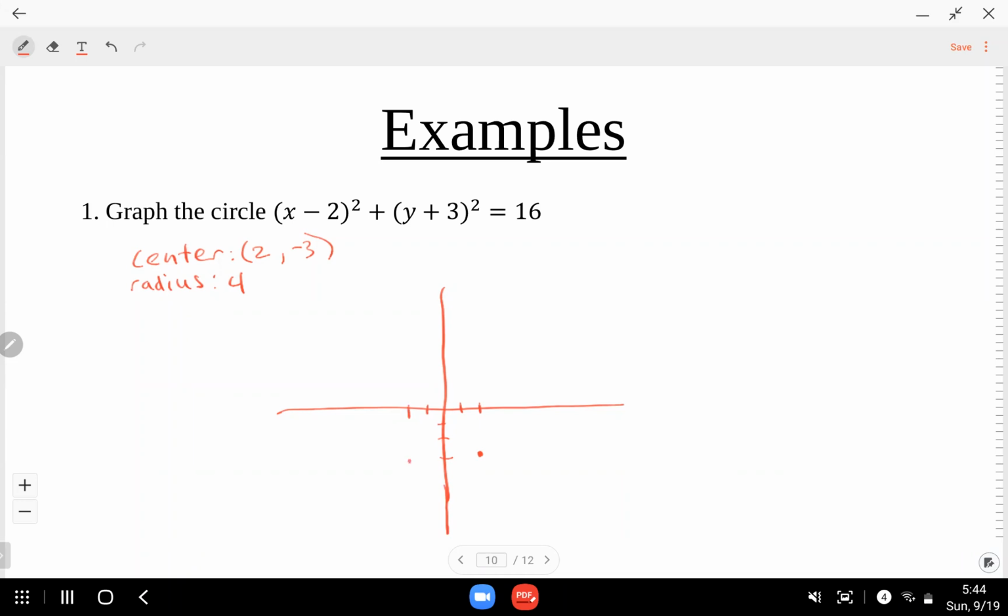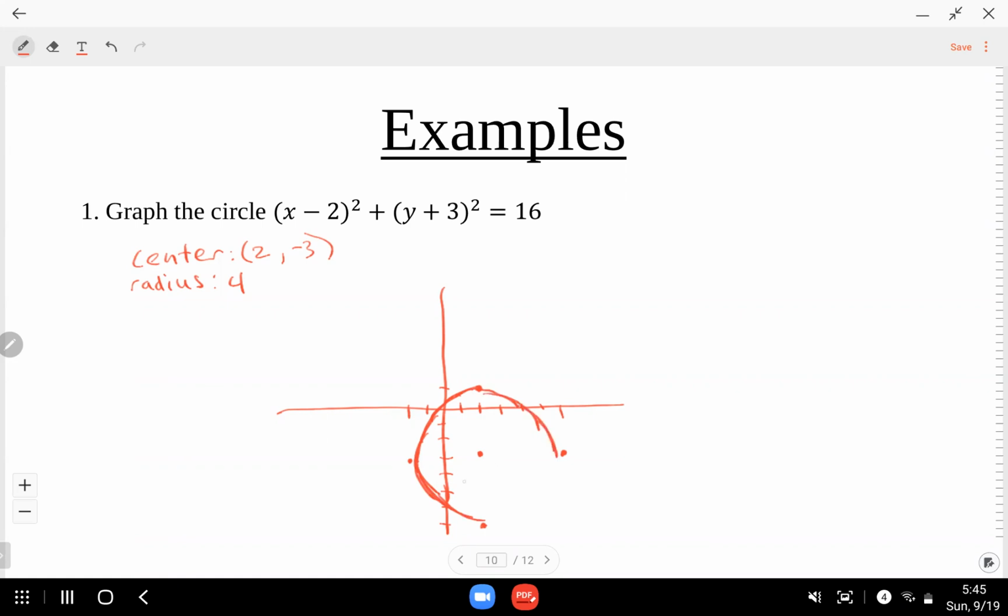Radius of 4. Points 1, 2, 3, 4. So the circle would be tangent to these points. You can use these as an outline for our circle.